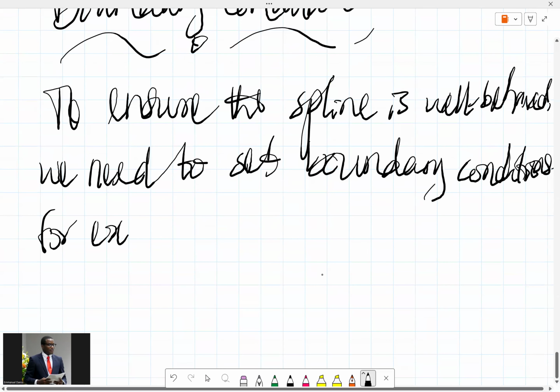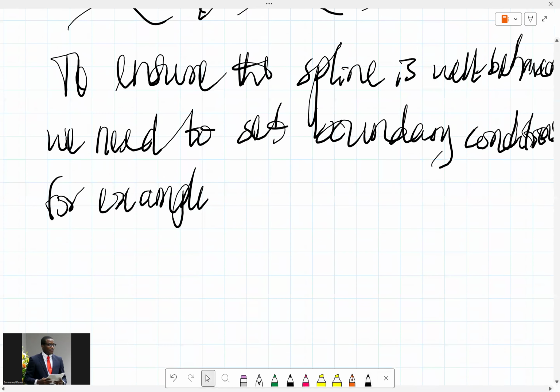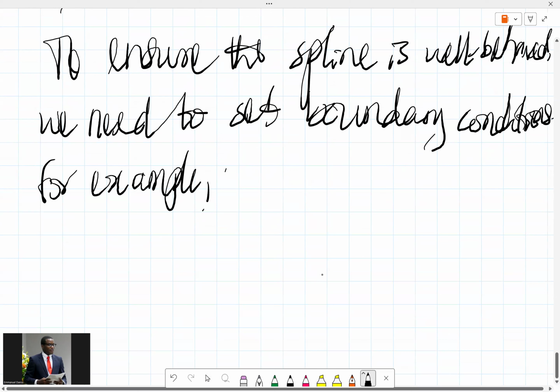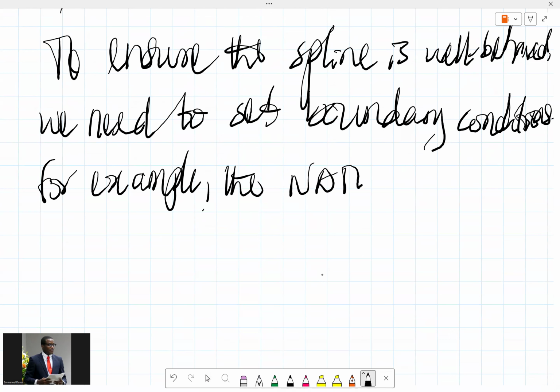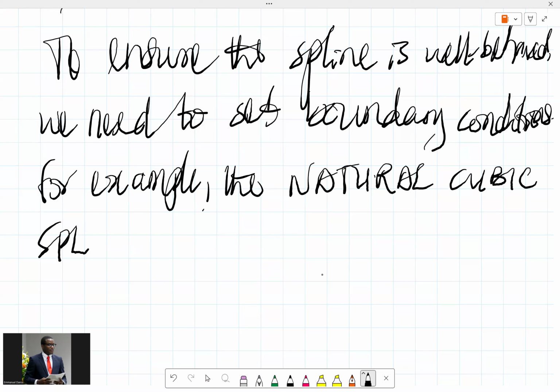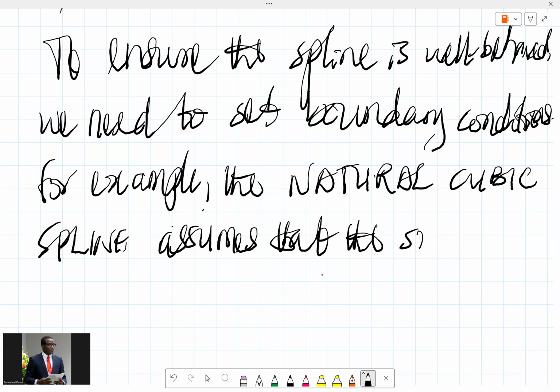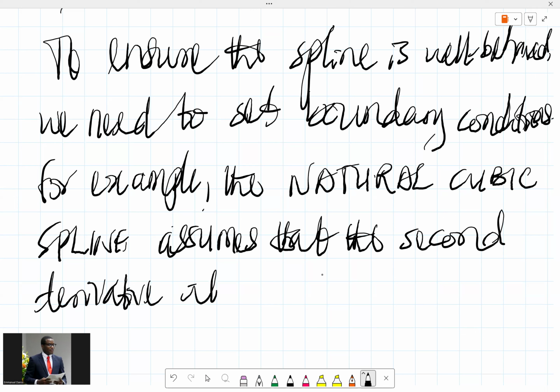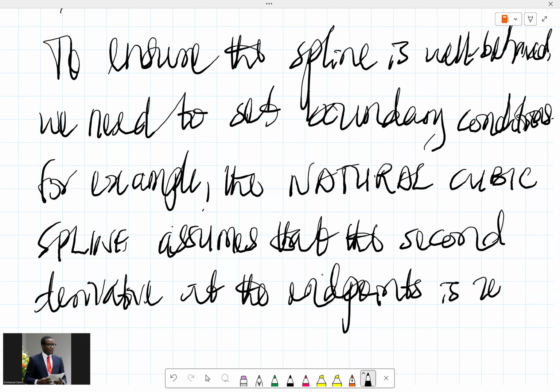For example, the natural cubic spline, which I've mentioned before, I believe, assumes that the second derivative at the endpoints is 0.